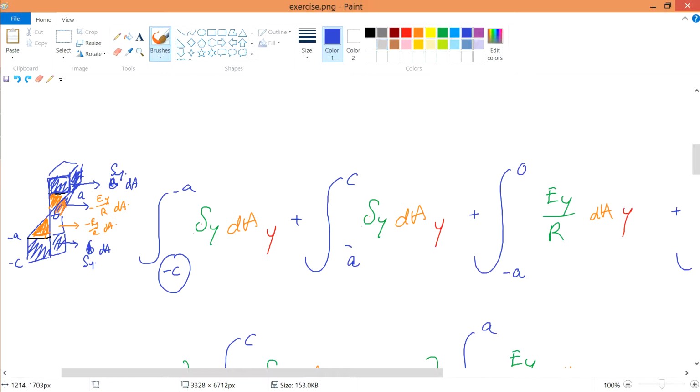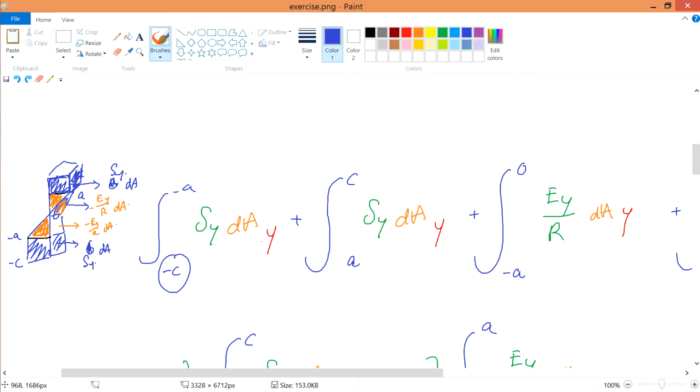And then plus from A to C, which is talking about this thing. If you remember, this one is A, this is C. So I'm talking about this portion over here right now. So this is from A to C, and talking about SY dA also, this is the force.